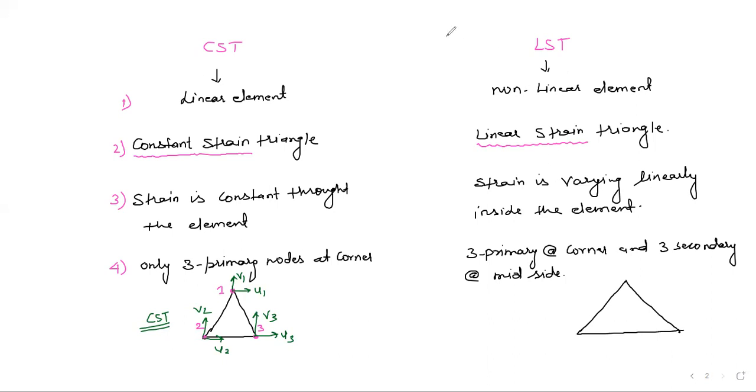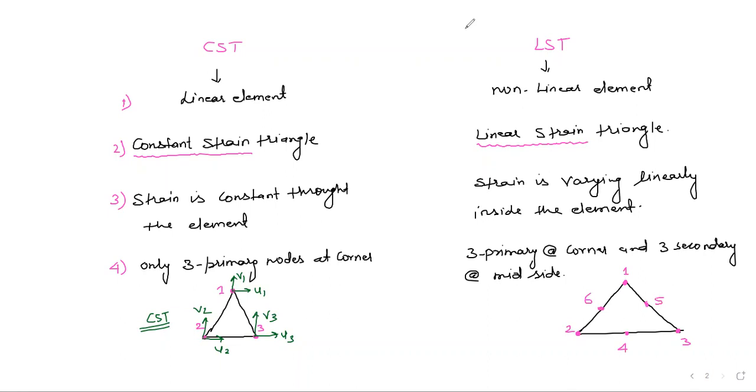So we have 3 primary nodes, same as CST: 1, 2 and 3. And 3 more nodes are there in between on the sides. Let me mark here: this is 4, at this point 5, and at this point 6.